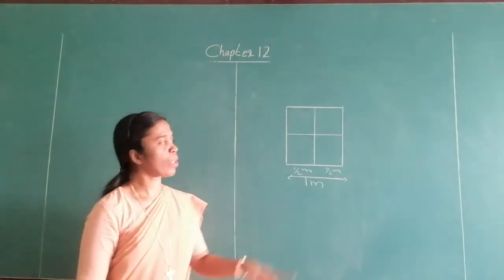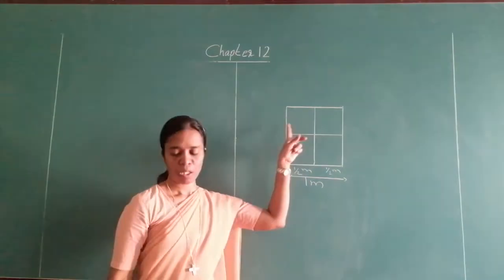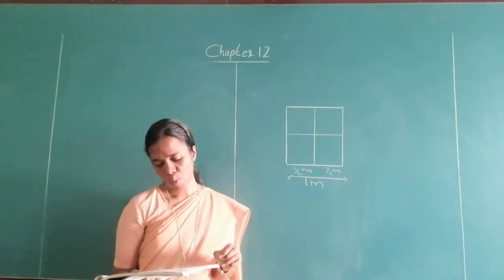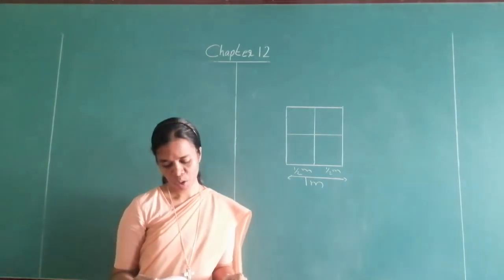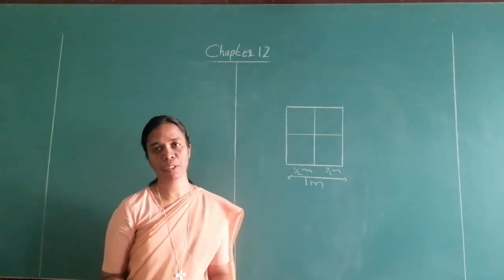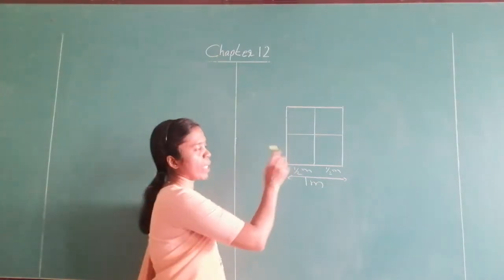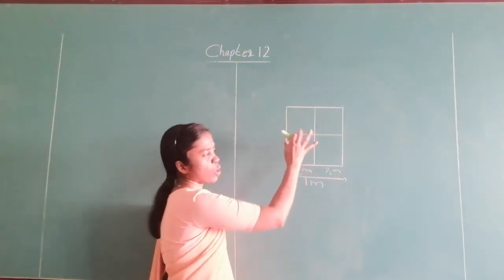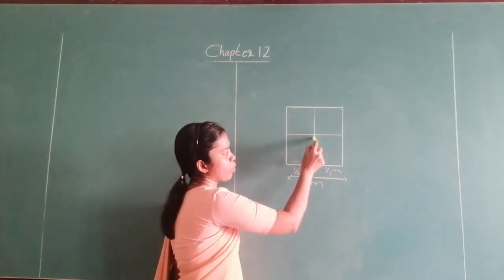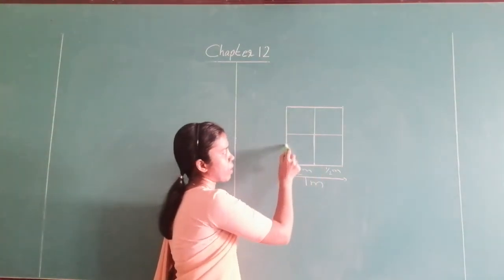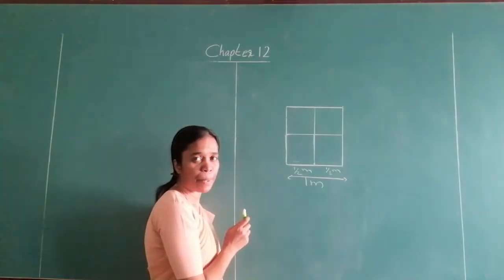Now we have 4 napkins over there. Now what is the question? What length of lace will be required to trim all 4 sides of the napkins? That means you have to put lace now. This was one single piece. You cut into 4 equal squares and you have to put lace like this for. Now what are we supposed to find out then? Perimeter.